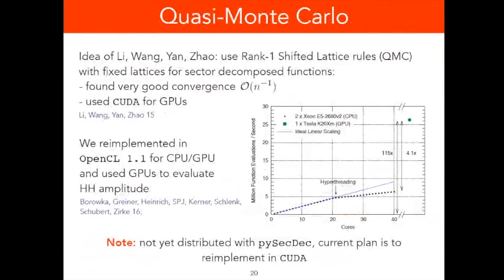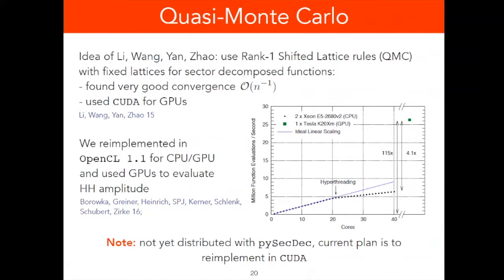Another option that we were looking at is exactly what was presented in the previous talk. So again, using quasi-Monte Carlo. This was an idea of Li, Wang, Yan, and Zhao to use rank-1 shifted lattice rules on sector decomposed functions. And they found very good convergence, so this linear convergence that we heard about in the previous talk.